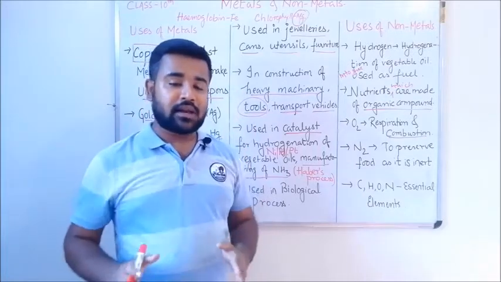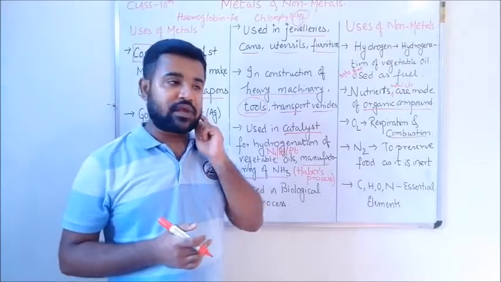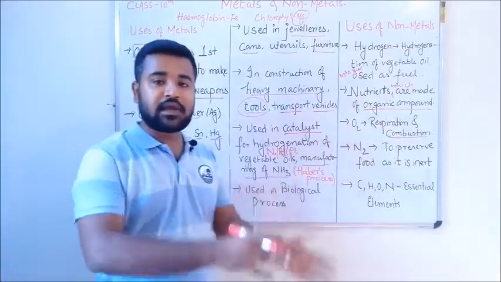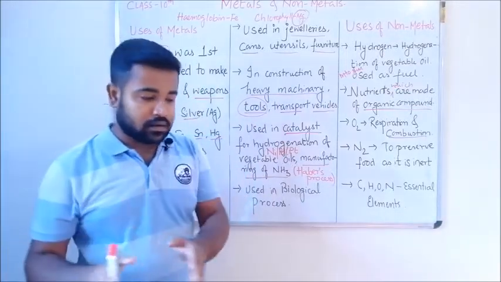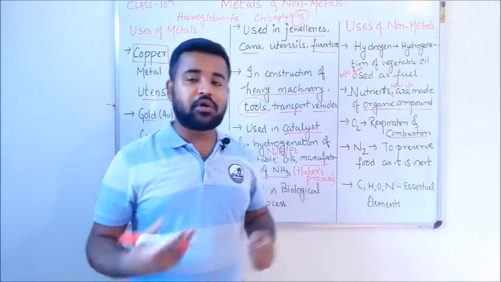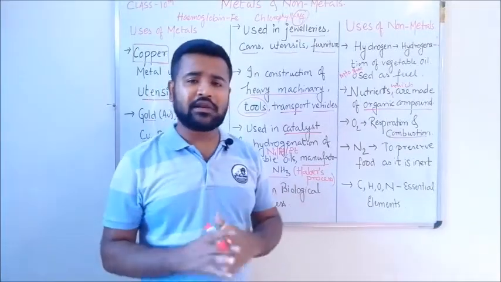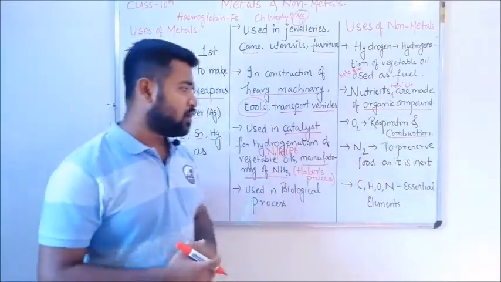So energy is very much required for work. That's why oxygen helps combustion. Combustion gives energy, and any body or any substance or any vehicle works only due to energy. So that's why O2 is essential for respiration and combustion.